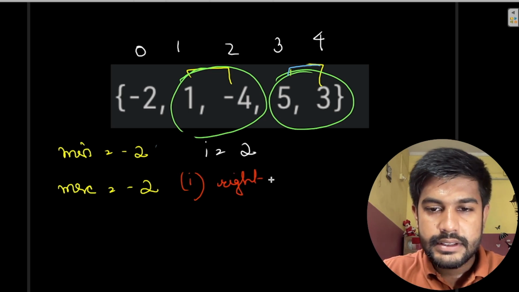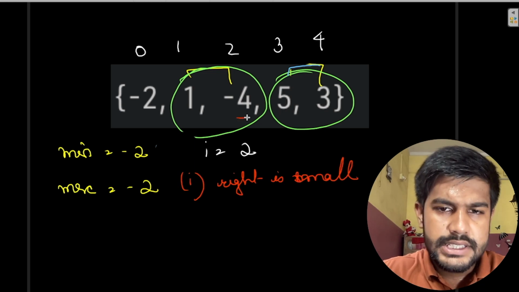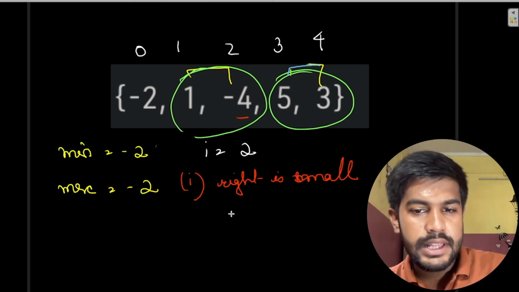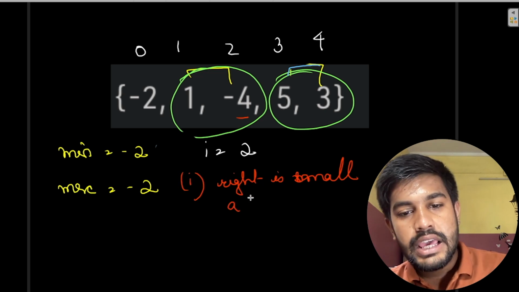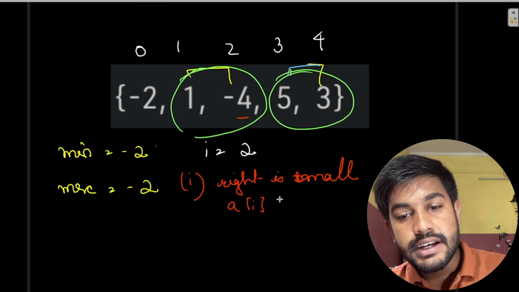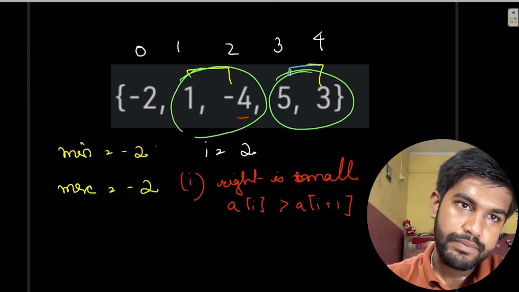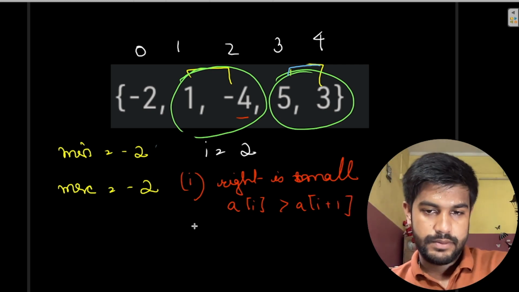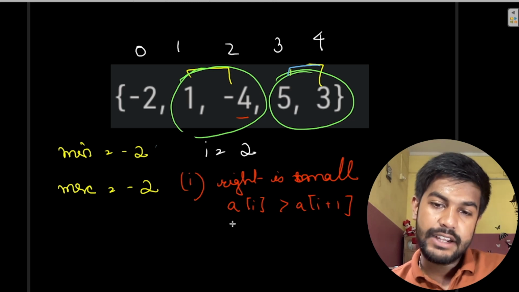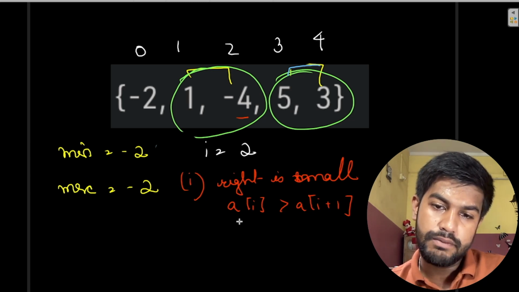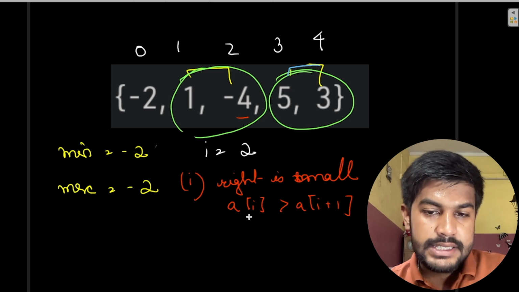right is small. That means this is small. So when this is small, that means that a of i is greater than a of i plus 1. True. Next we go down and we can say that this max thing would only happen with this. Max would be affected by this and min would be affected by this.